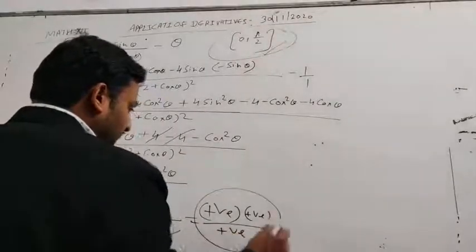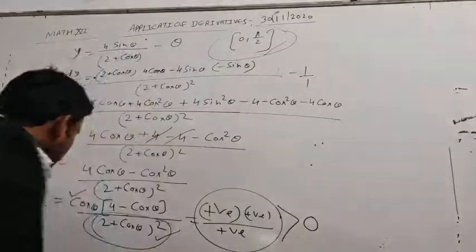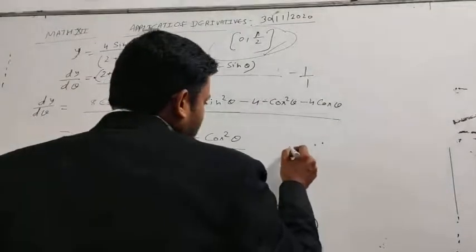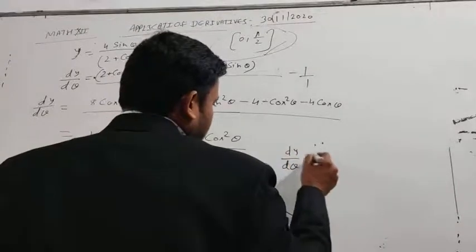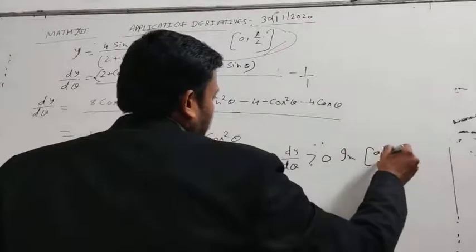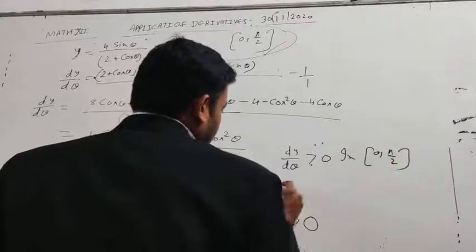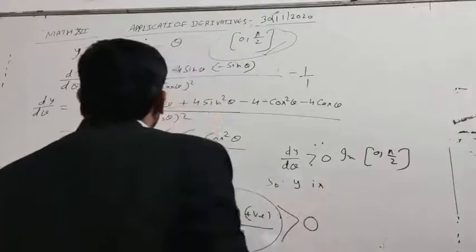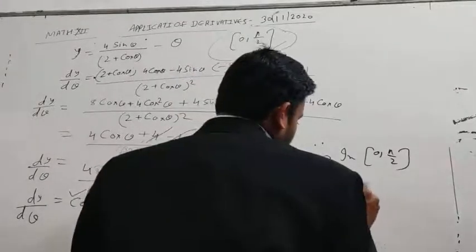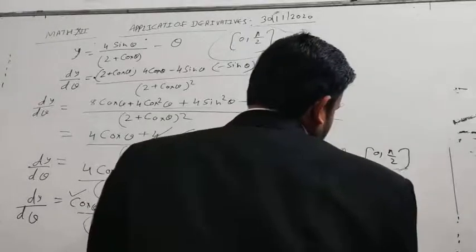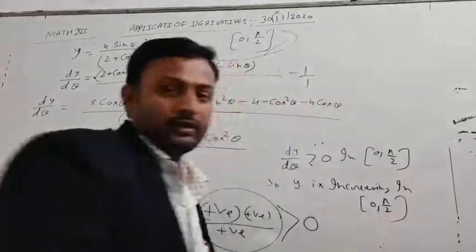So the whole quantity is greater than 0. So we can say that our dy by d theta is greater than 0 in the interval 0 to pi by 2. So the curve y is increasing in the interval 0 to pi by 2.